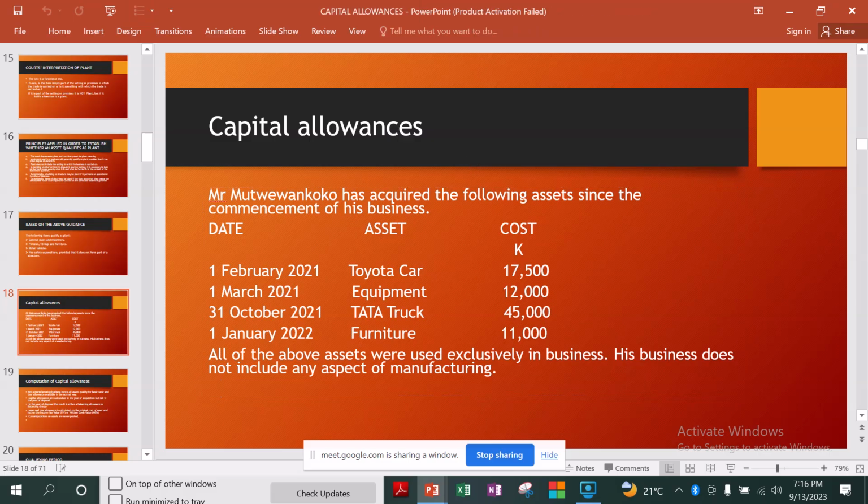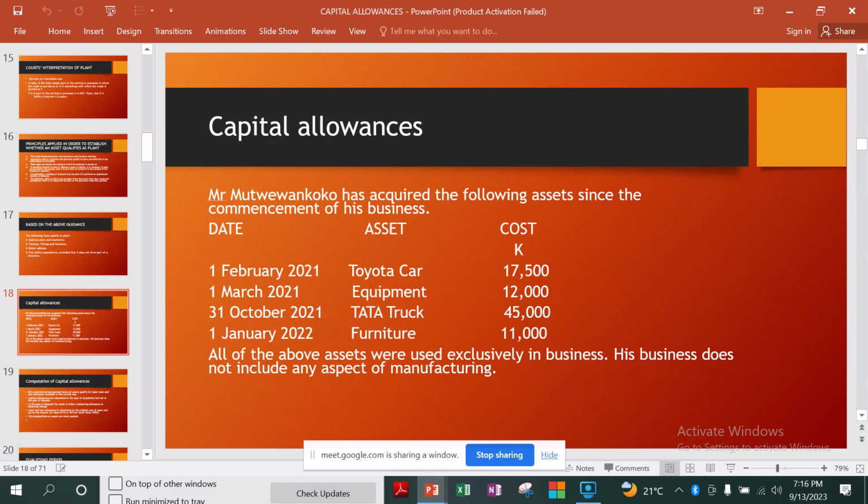Okay, fine. So I'm looking at this particular example. Mr. Mutwewankoko has acquired the following assets since the commencement of his business. Normally an exam type of question will give you the assets involved, coupled with their costs and when they were purchased, so that you can use those dates to know which tax year they relate to.